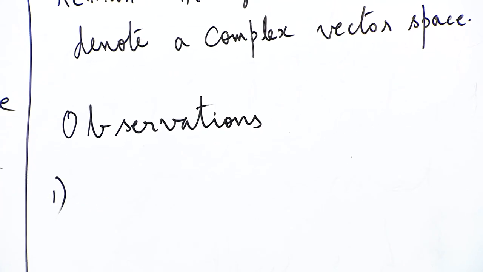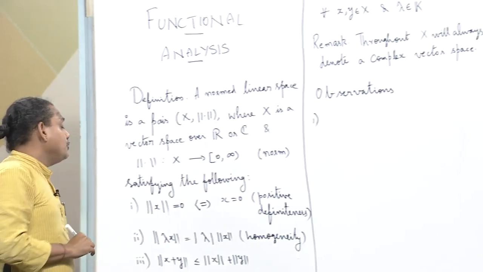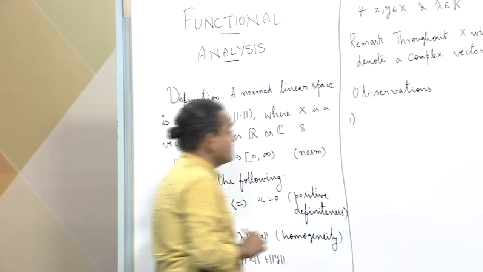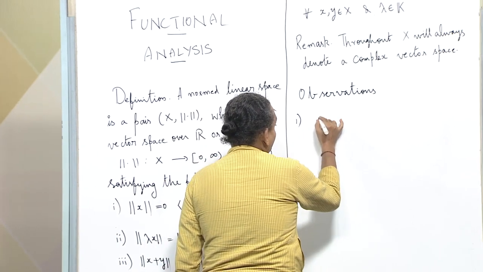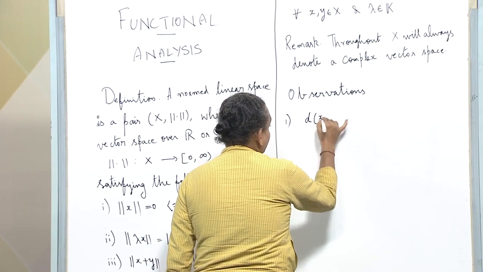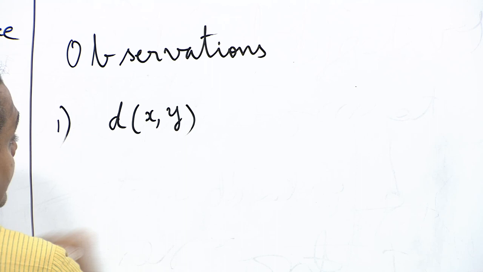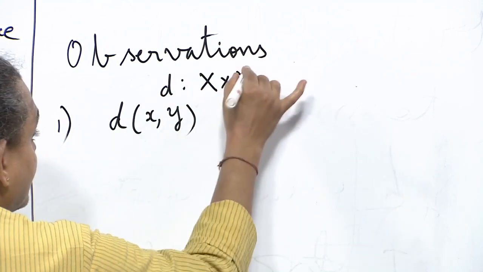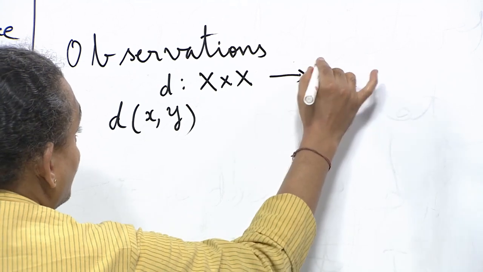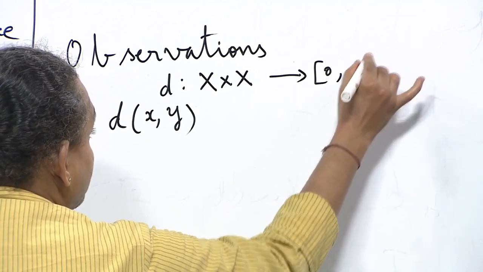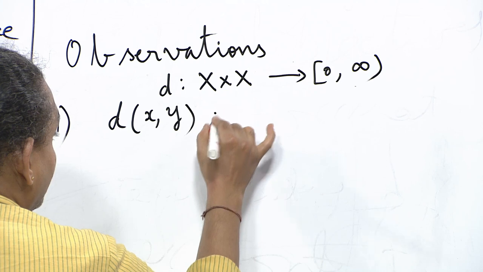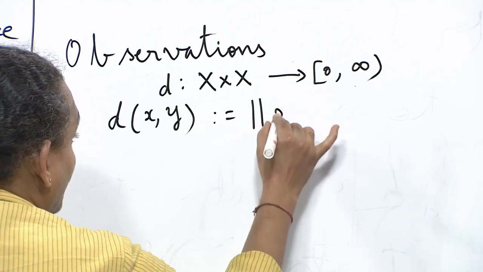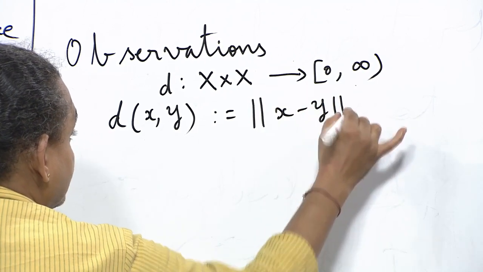First one is that if you have a normed linear space, then you define d from X cross X to [0, infinity) as d(x, y) = norm of x minus y.